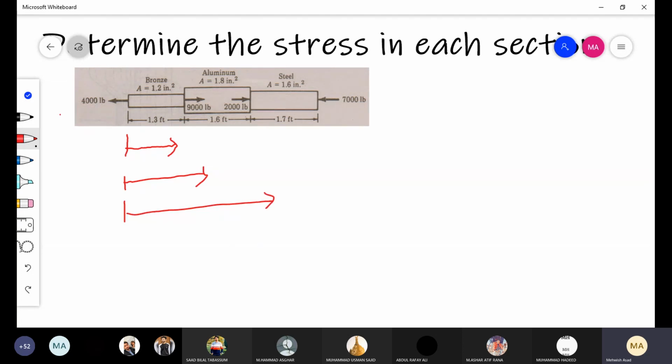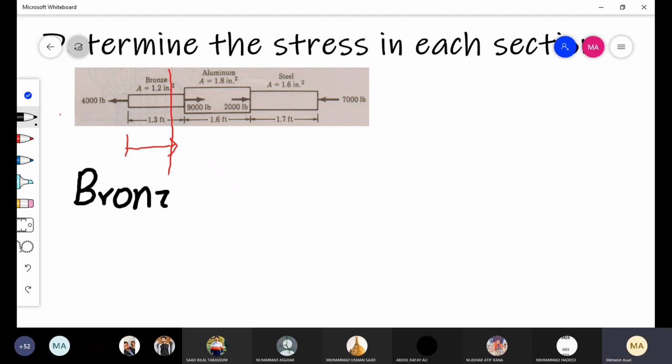So one by one हम इन तमाम sections में से या इन तमाम materials में से section lines को pass कर देंगे. Okay, so first section that we are considering is the bronze section. So let's start with bronze.